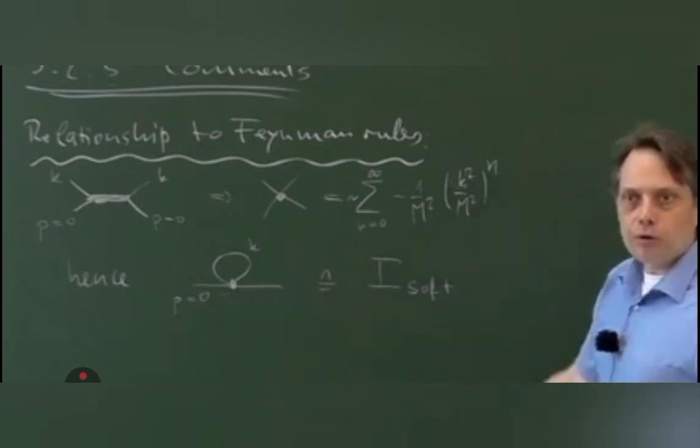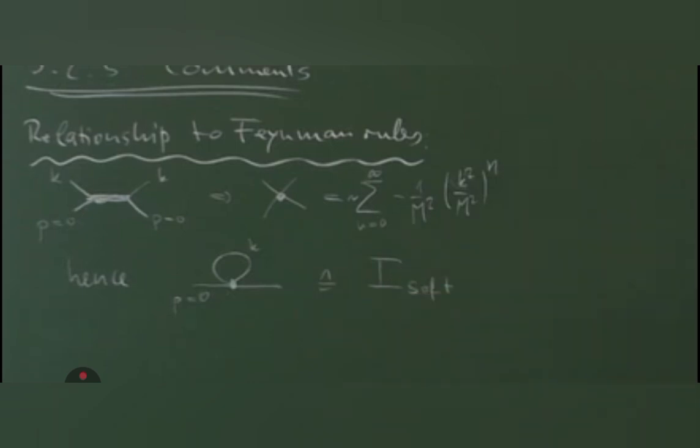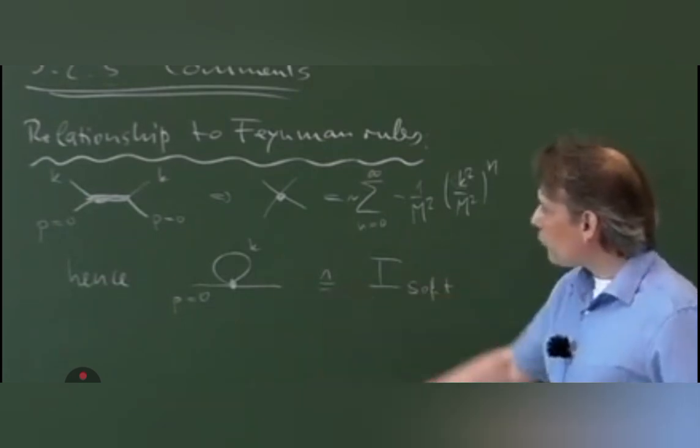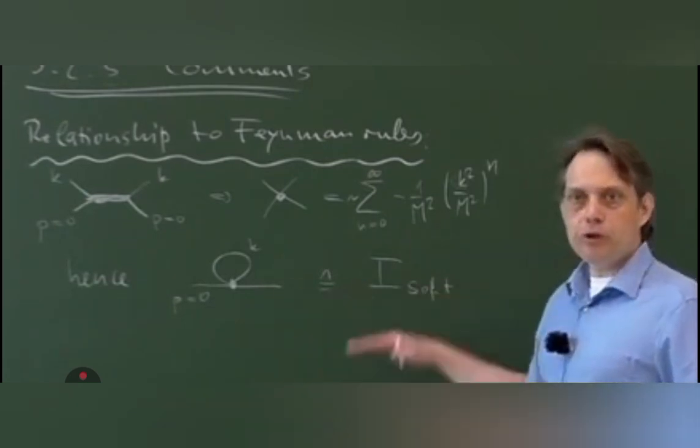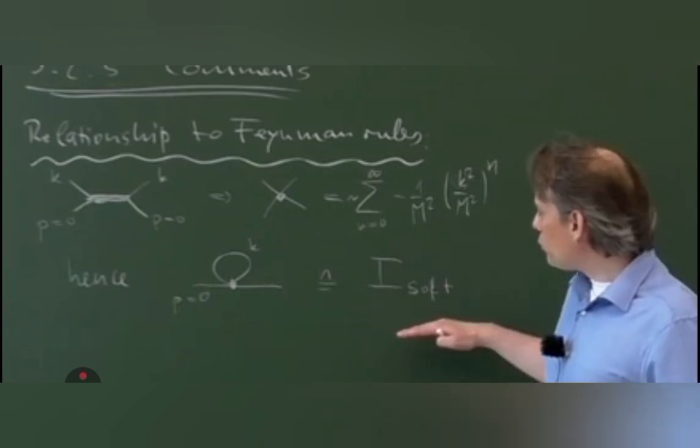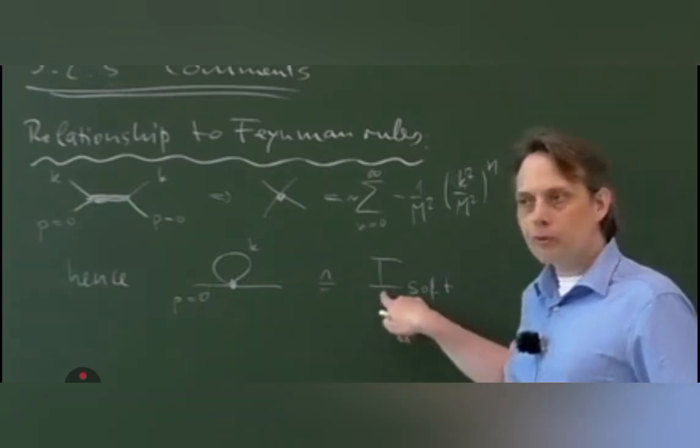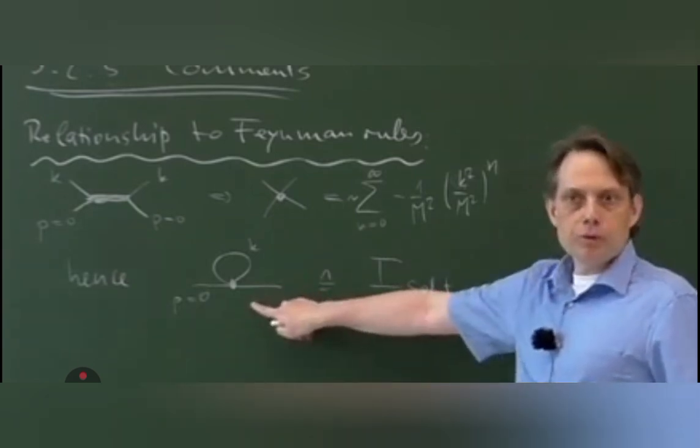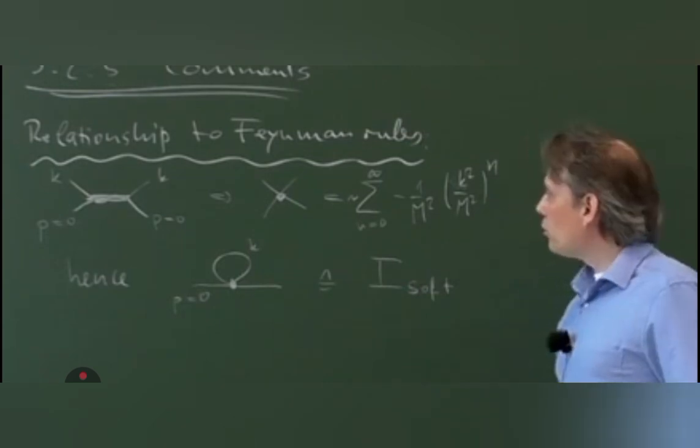So that was the diagram that we imagined right at the beginning in our intuitive kind of guesswork. This diagram must exist in the EFT, and now we see that using the method of regions there is a one-to-one correspondence between the soft integral in the expansion and the actual EFT Feynman diagram.